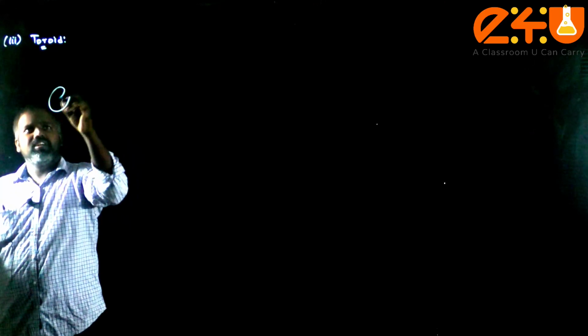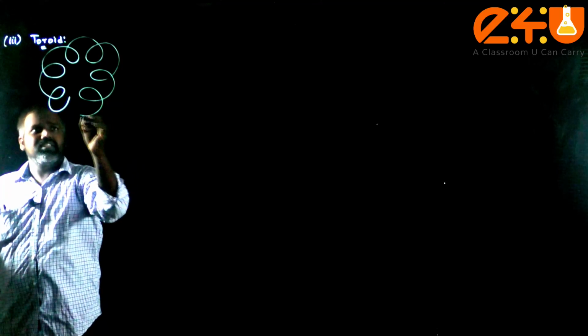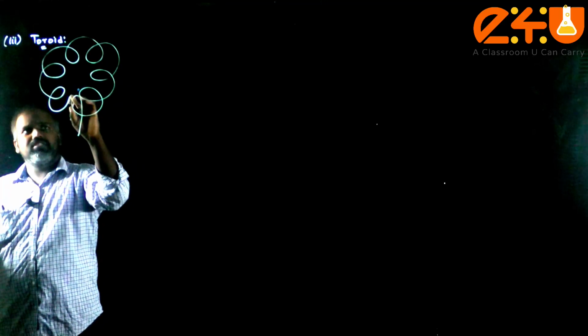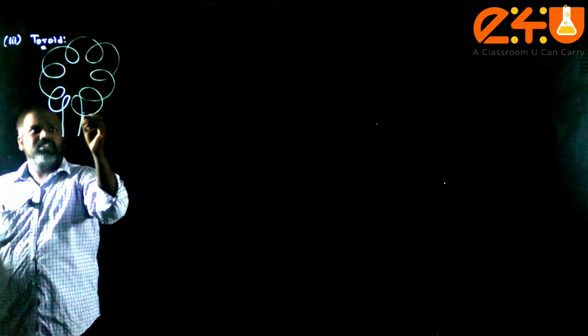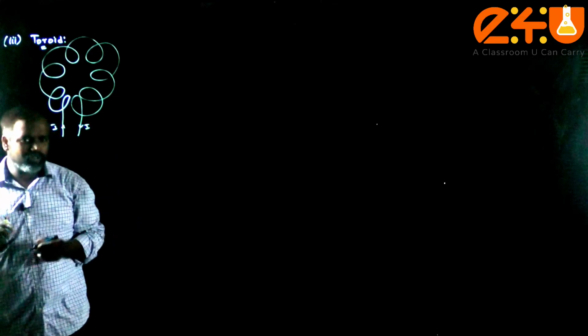Let us consider this current carrying solenoid, and it will be like this. Some current I is going in and the same current I is coming out.